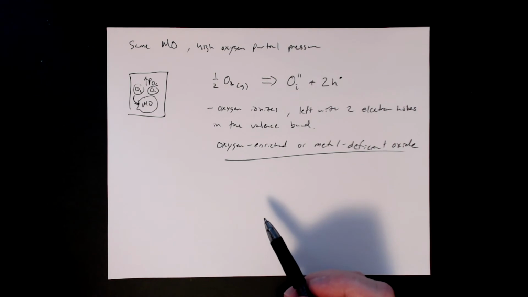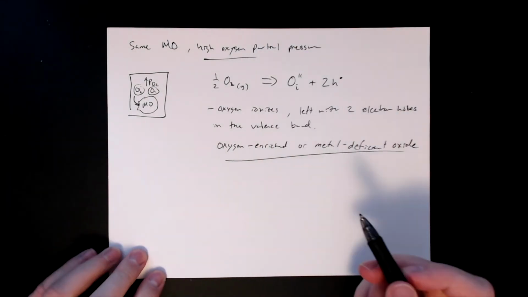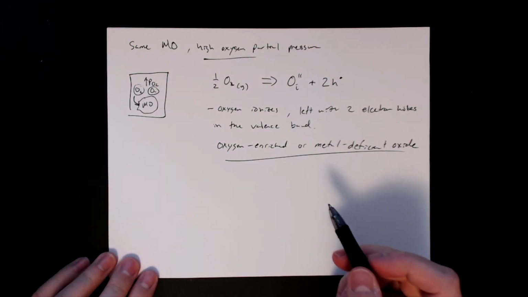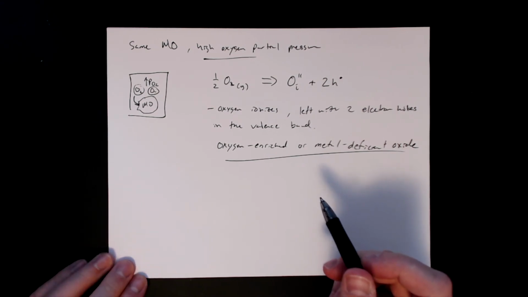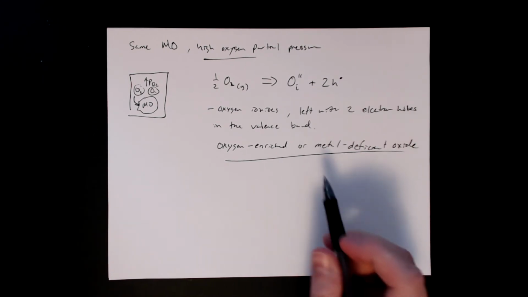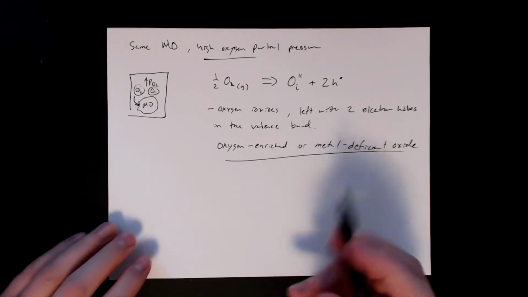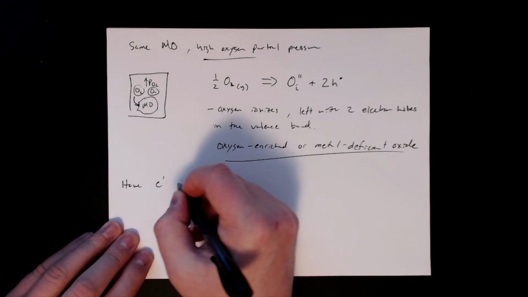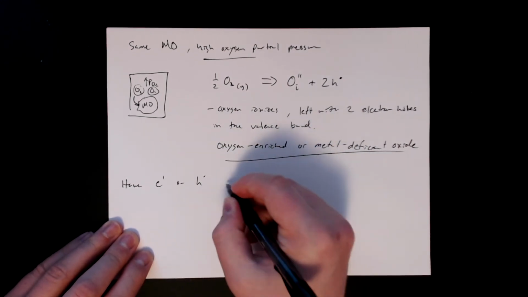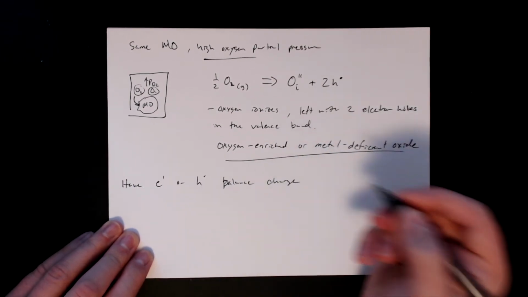So both of these scenarios, the high partial pressure that we're looking at here, and the low that we just looked at before, we're assuming that electrons or electron holes are generated to balance these reactions. So electrons or electron holes balance charge.